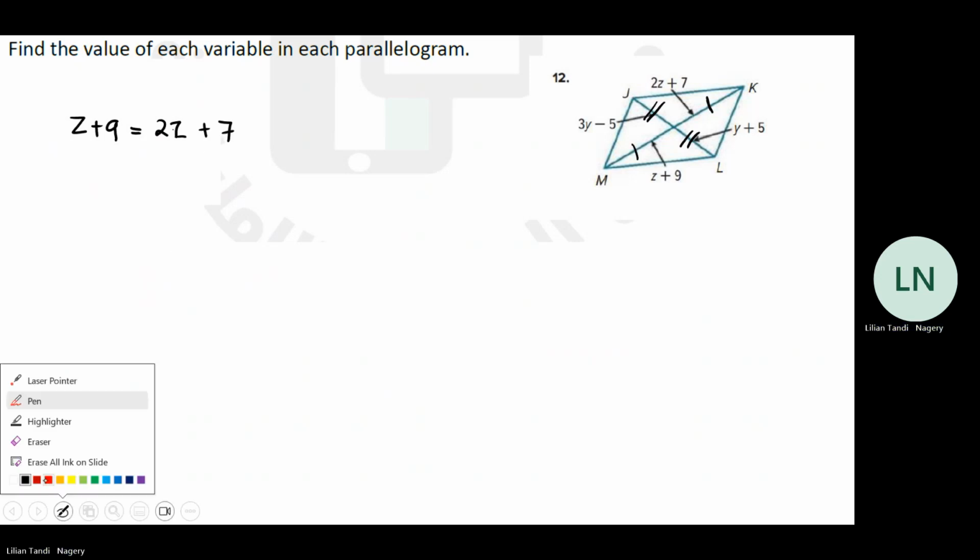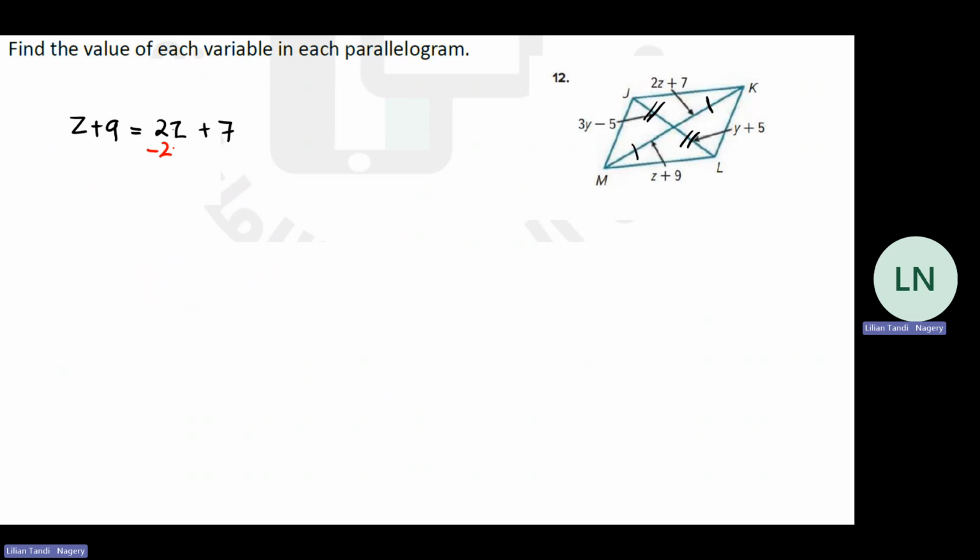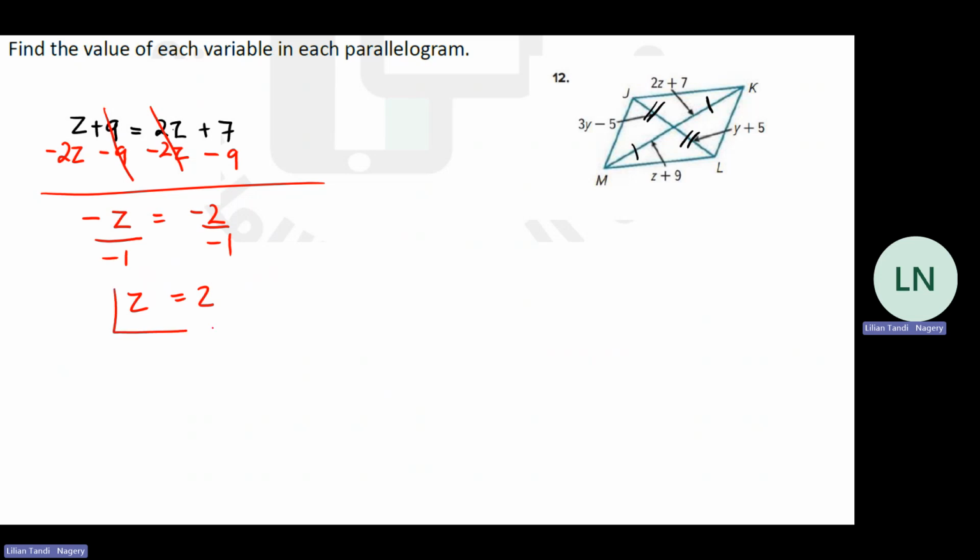Okay? Minus 2z, minus 2z, minus 9. Okay? Negative z is equal to negative 2, divided by negative 1, divided by negative 1. Z is equal to 2.